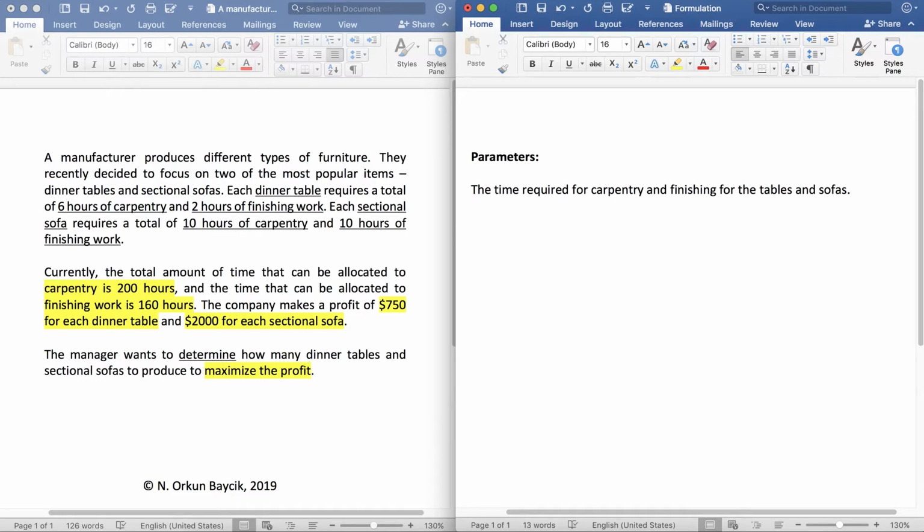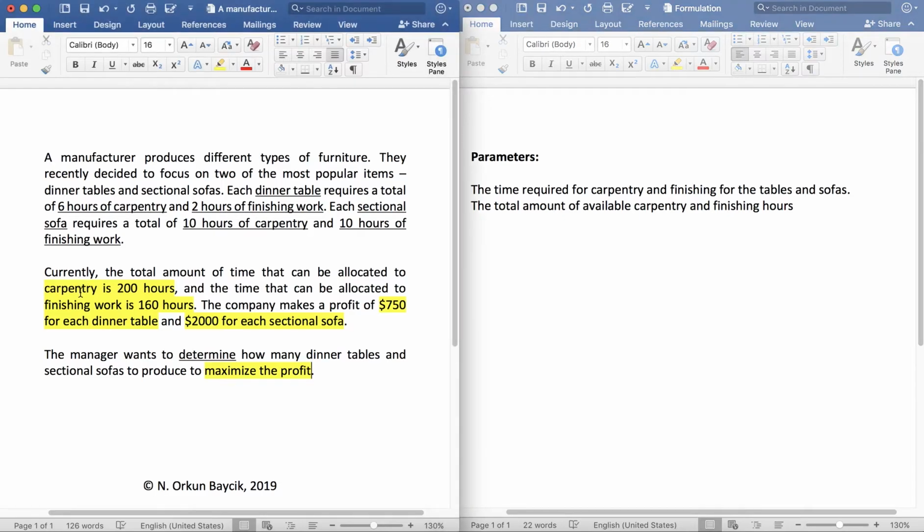Okay, so the second one will be the total amount of available carpentry and finishing hours. Okay, so from the second paragraph, the highlighted areas tell us we have 200 hours of carpentry and 160 hours of finishing work hours available.